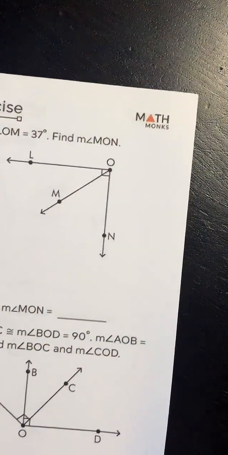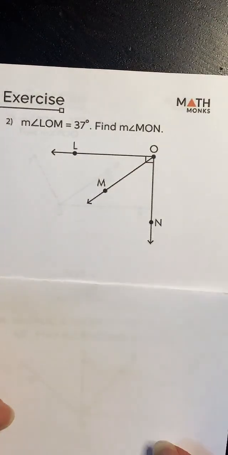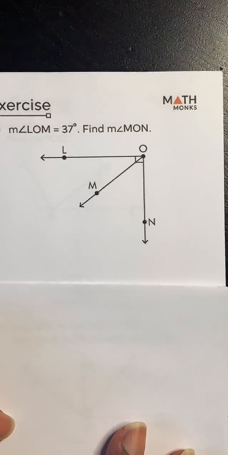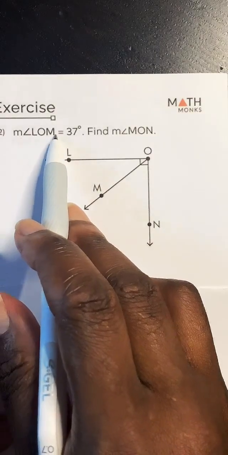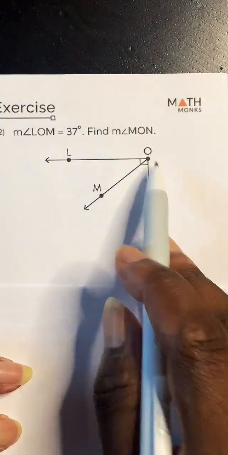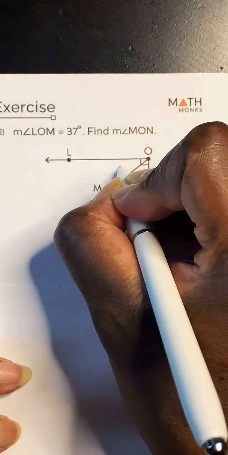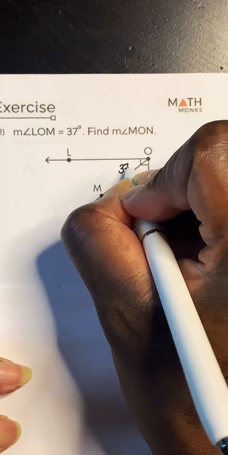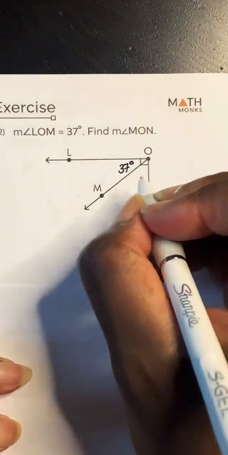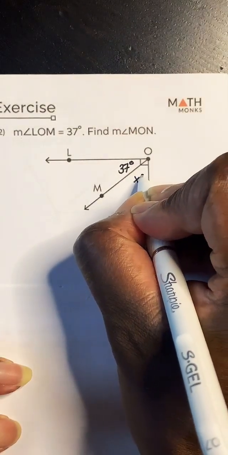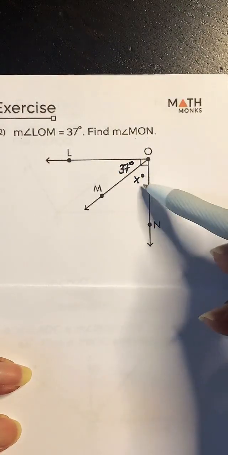So now, let's take it as an angle. So we got the measure of angle LOM. Here's LOM right here. They're saying that's 37 degrees. And they want us to find the measure of MON, which is right here.